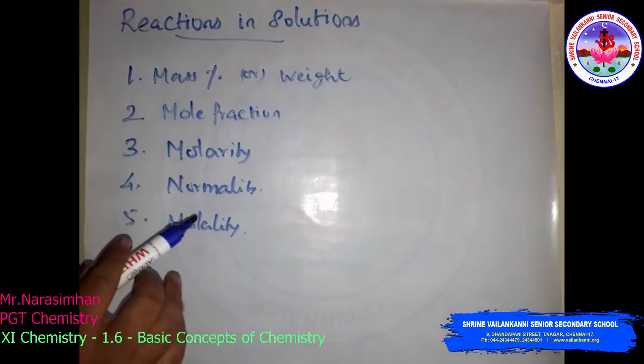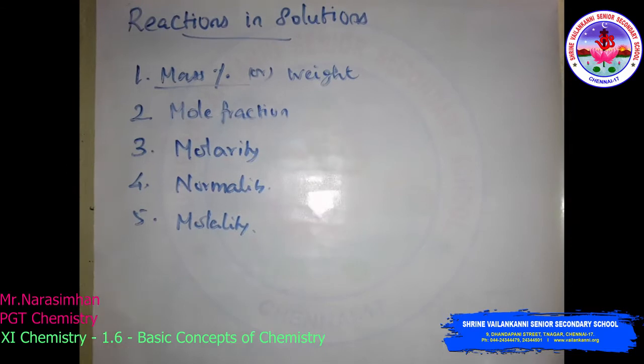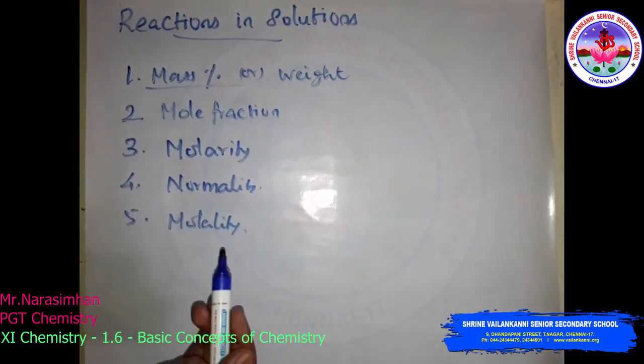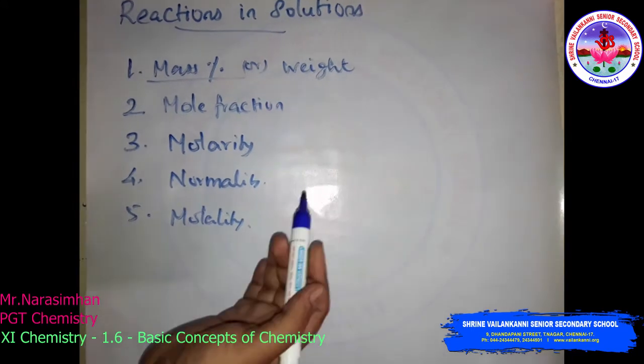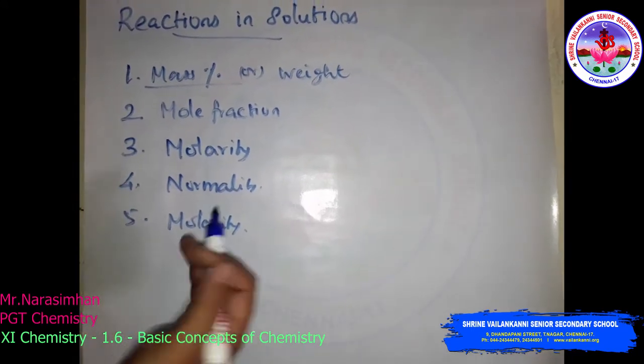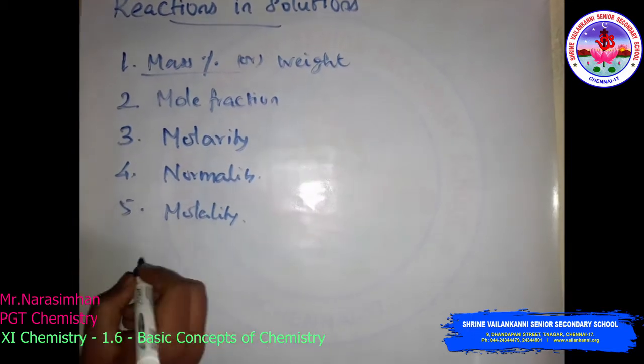We can discuss mass percentage first. So what is mass percentage? The mass percentage is the mass of solute divided by the mass of the solute plus the mass of the solvent, multiplied by 100.